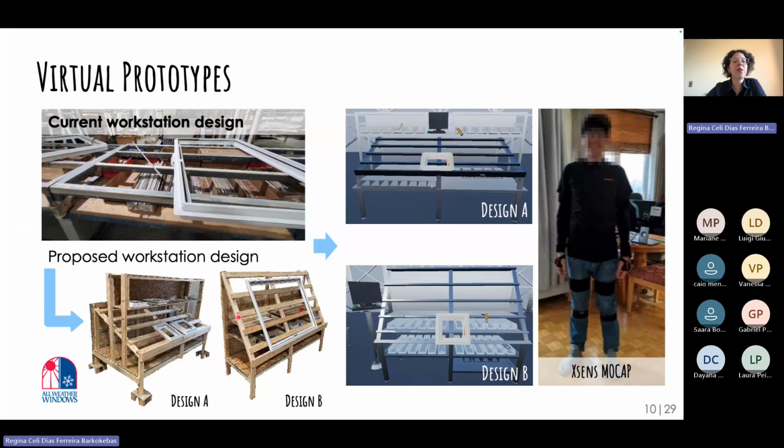We had some students from mechanical engineering that proposed these two options of workstations, design A and design B. And the main difference between them is the angle of the working surface area. This one is 20, this one is 60, and the height of the shelf where the hardware is stored. So this one we have a height, if I'm not wrong, 1.22 m, and this one we have it a little bit lower. But we didn't know which design we should keep developing.